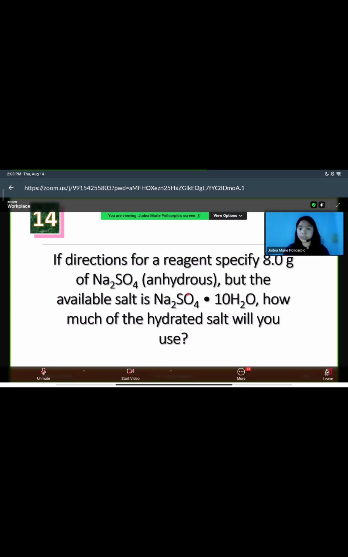Okay? Typical problem sa laboratory, no? Ito, ang kailangan ay anhydrous. Kaso, ang available lang ay hydrated. Okay, ang available lang ay sodium sulfate na may tubig, sodium sulfate na hydrated. So, ngayon, ang tanong sa atin, gaano kadami? How much of the hydrated salt will you use? Okay, gaano daw bang kadaming hydrated salt ang gagamitin natin?